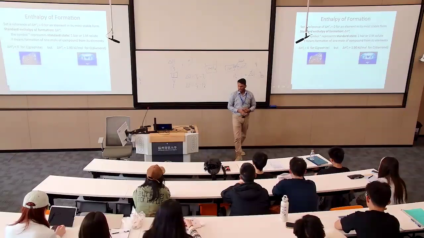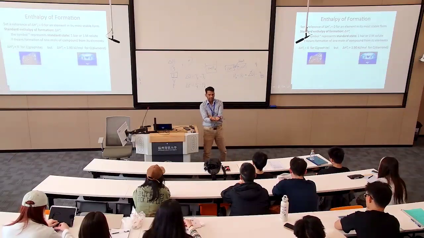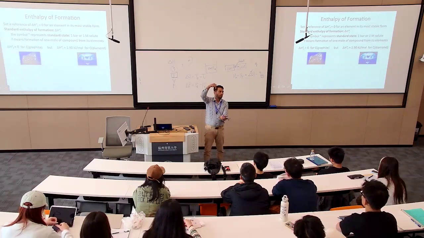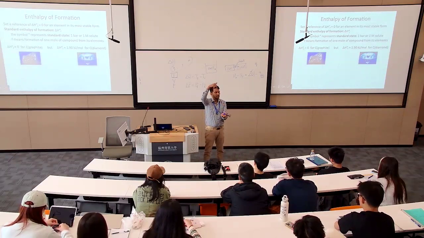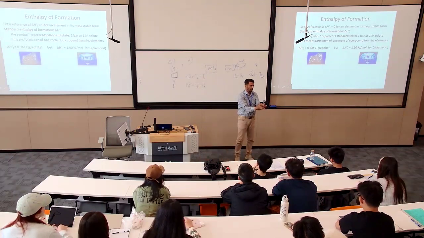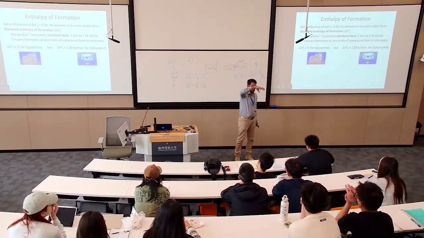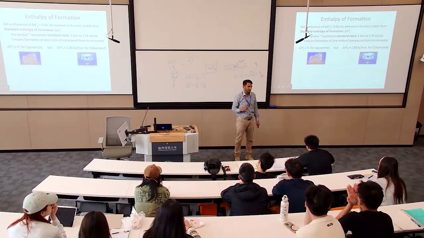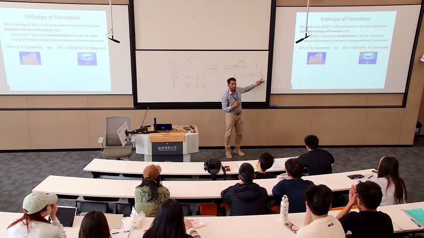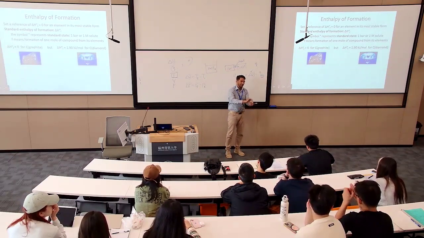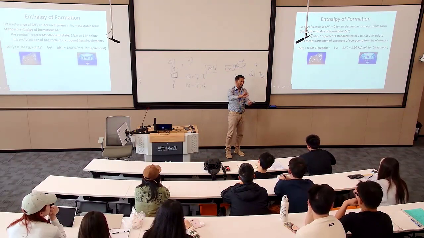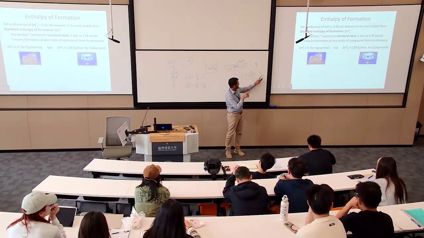For example, if I burn something in open air, does the pressure during burning remain constant or change? The pressure of the air in this process is constant. So the heat evolved in that process is called enthalpy.